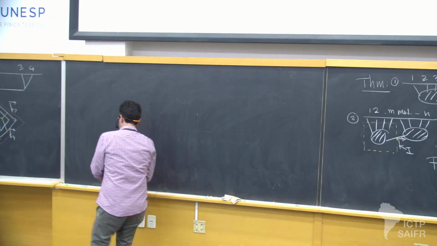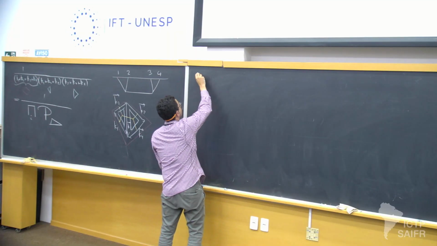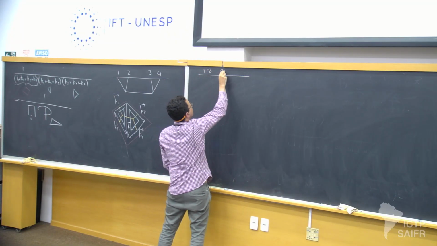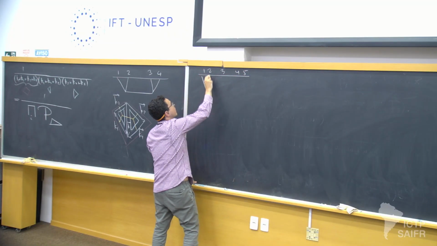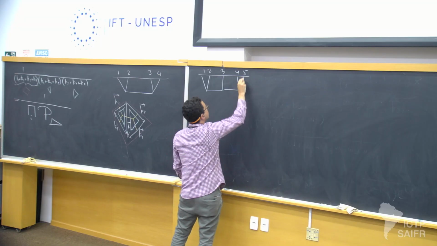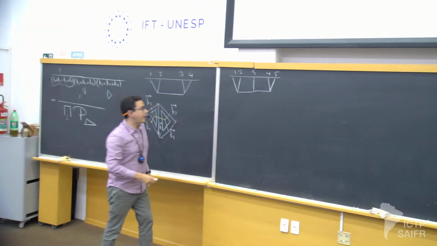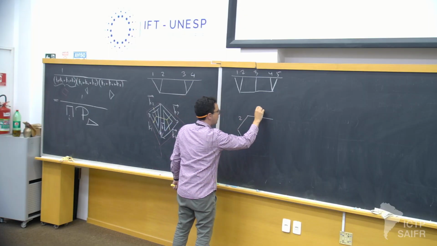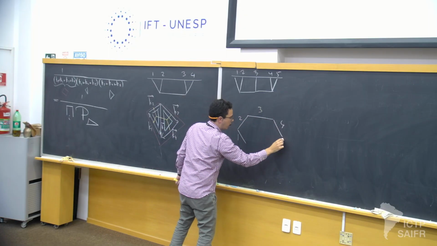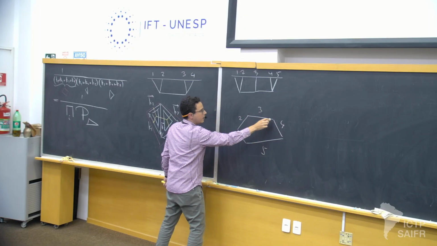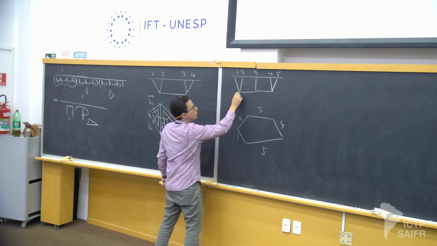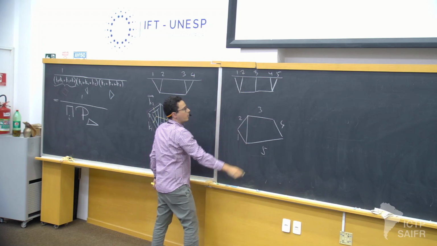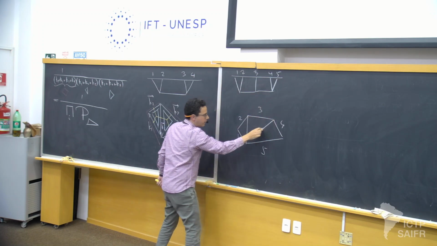So let's do this example. 1, 2, 3, 4, 5, okay? So we go to kinematic space. 1, 2, 3, 4, 5. Propagator between 2 and 3. Propagator between 3 and 4, 5.